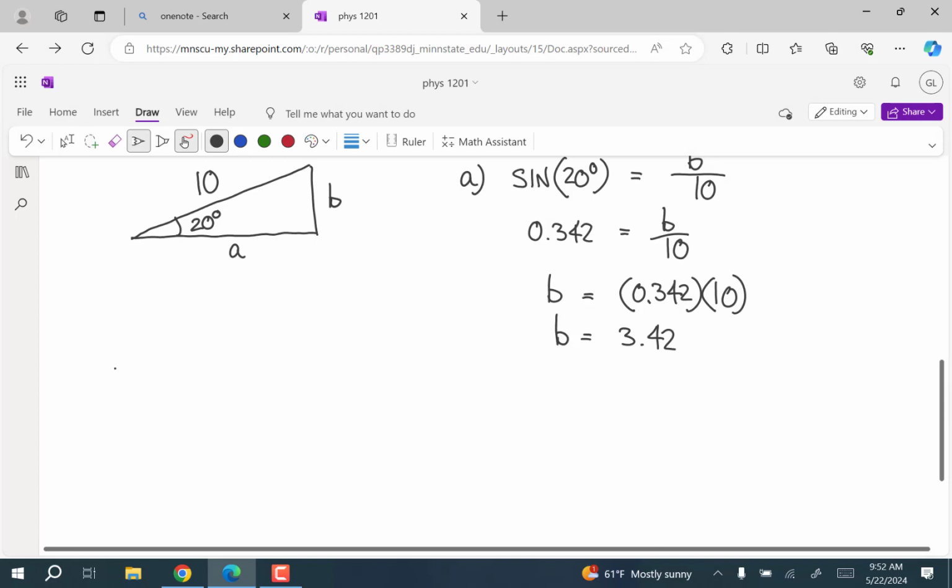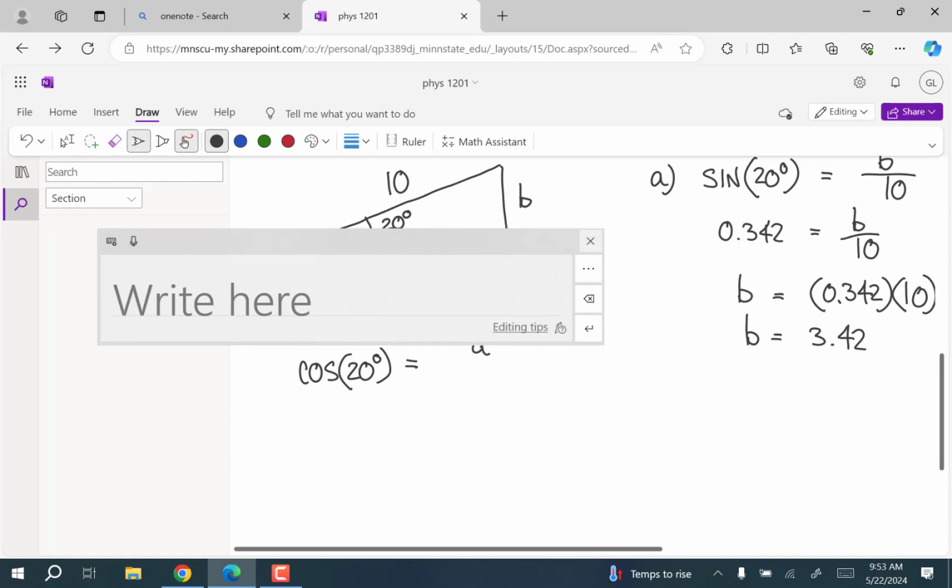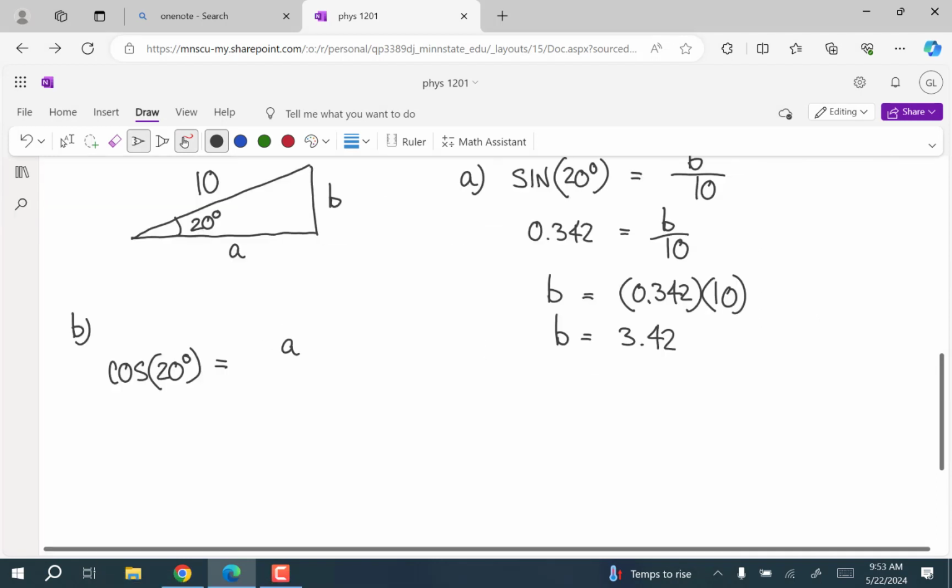We're going to use the fact that the cosine of 20 degrees, plug it into your calculator. Remember, you need to have your calculator set in degrees instead of radians. And so if your calculator is set in radians, you're going to have to go to a mode button on your calculator. But cosine of 20 degrees is equal to the length of the adjacent side divided by the length of the hypotenuse.